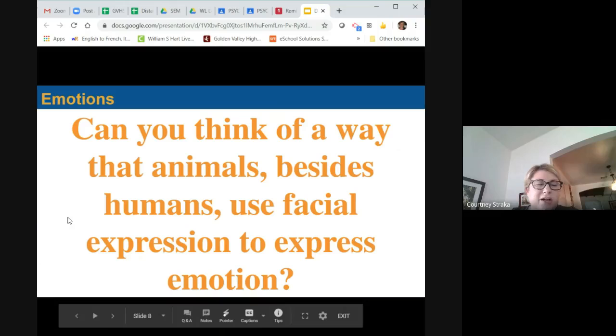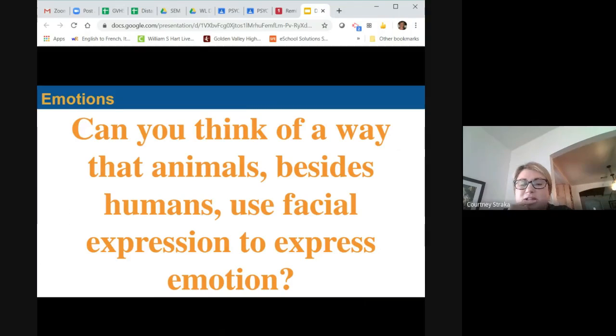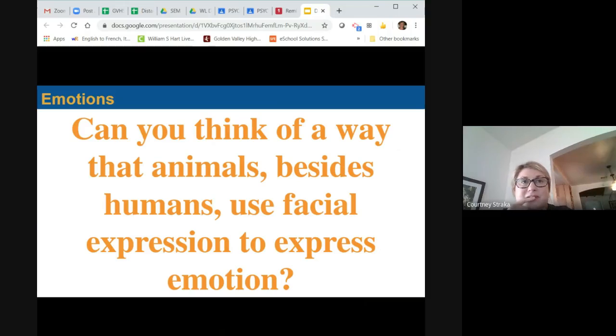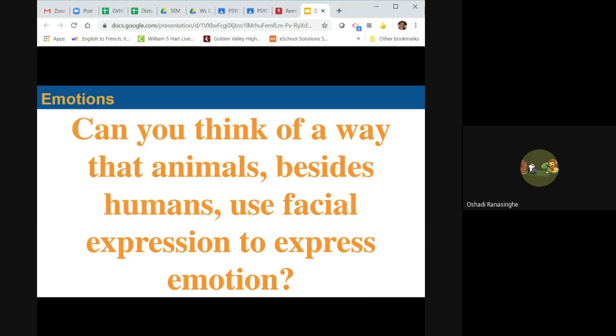Okay, so can you guys think of a way that animals besides humans use facial expressions to express emotions? Dogs, when they're smiling or panting. Yeah, absolutely. Can we think of another emotion that a dog will show using facial expressions? Snarling.